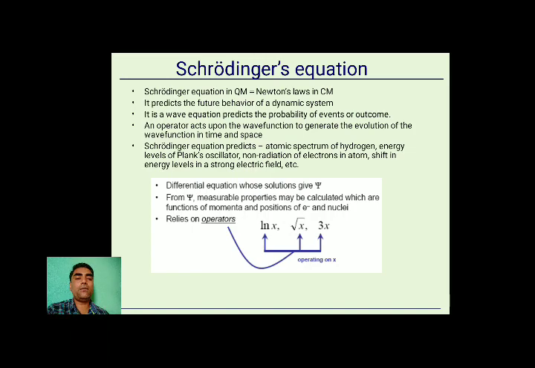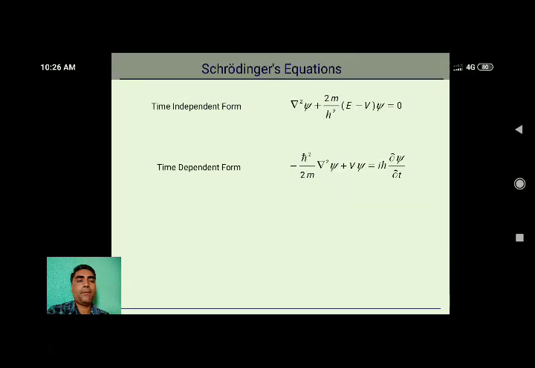It is a kind of differential wave equation in psi, where an operator acts on the wave function and produces the future behavior or the evolution of the wave function in time and space.